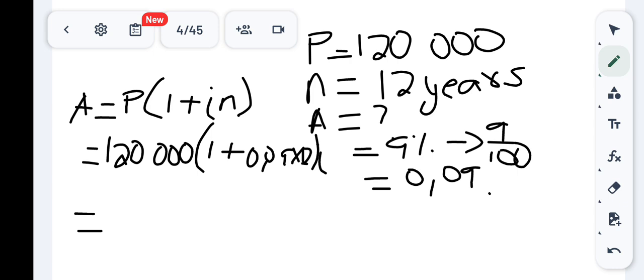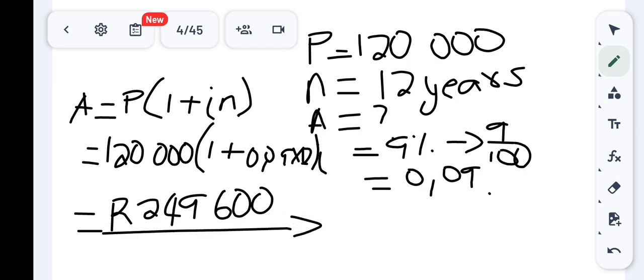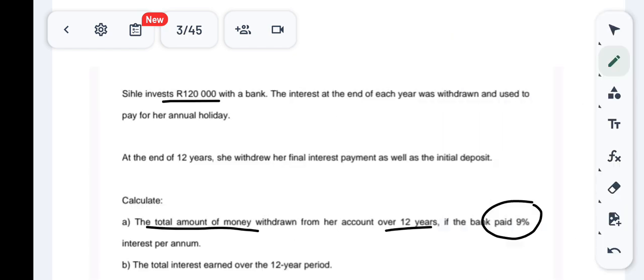Let's take out the calculator. 120,000 times (1 plus 0.09 multiplied by 12) is equal to 249,600 rand. That is the total amount of money that is withdrawn from her account over the 12-year period.